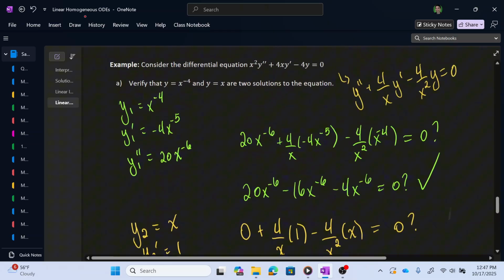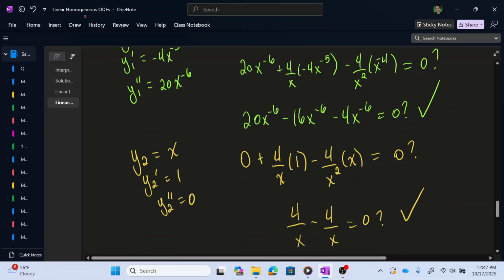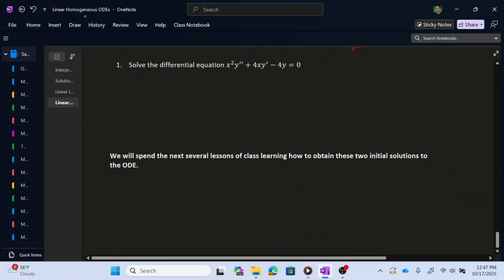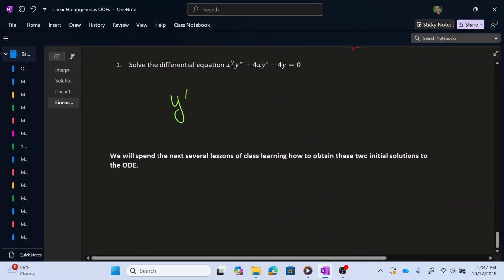What this means is I have obtained the 2 pillars that I need to construct every other solution to this equation. Every other solution to the equation must be obtainable by mixing together these first 2 functions.